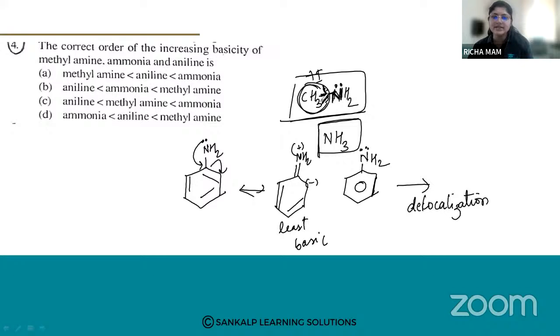And here, because of the presence of CH3, it can donate electrons to the nitrogen, so because of the plus I effect, it increases the basicity. So option number B: aniline is less than ammonia, which is less than methylamine. Okay, so who all have answered it as option number B?